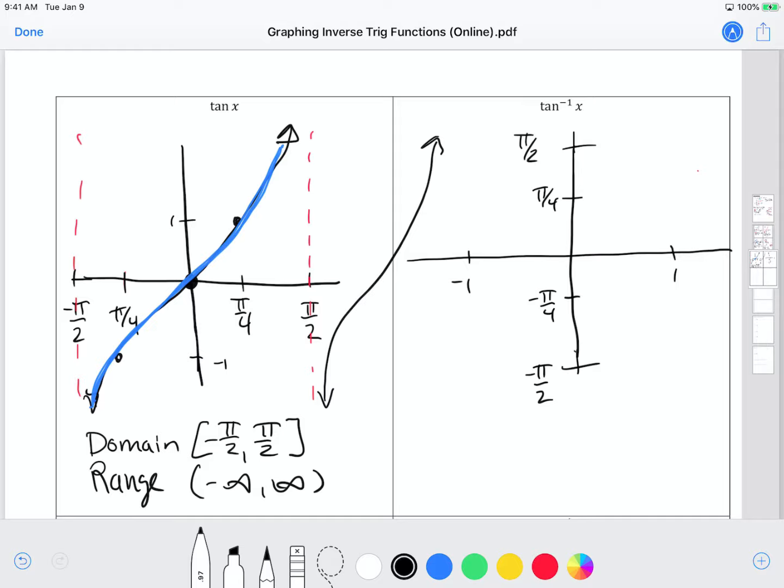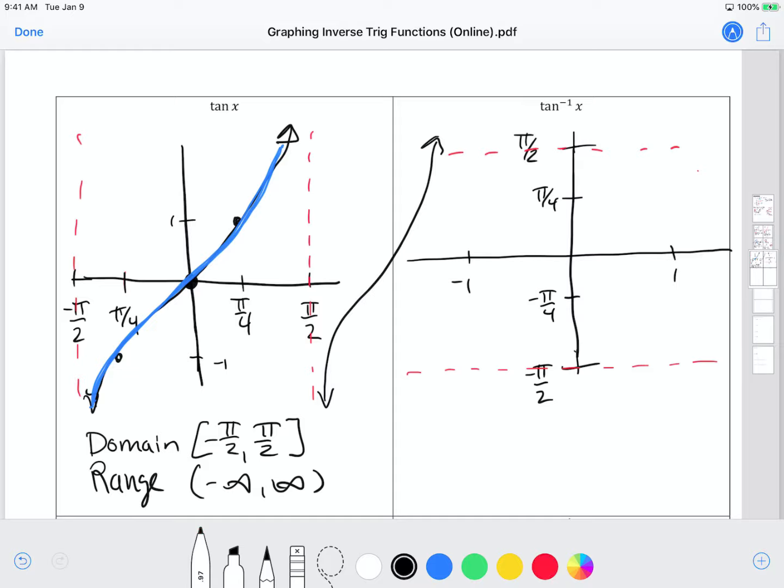Okay, now, because we have asymptotes on the mother function at x equals pi over 2 and x equals negative pi over 2, since our x's and y's get swapped, now we're going to have asymptotes at y equals pi over 2 and y equals negative pi over 2. So the vertical asymptotes now switch to become horizontal asymptotes.